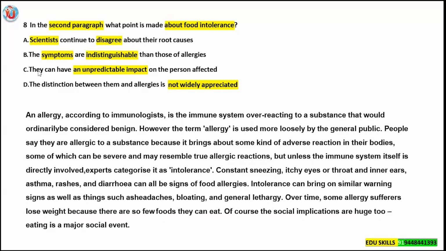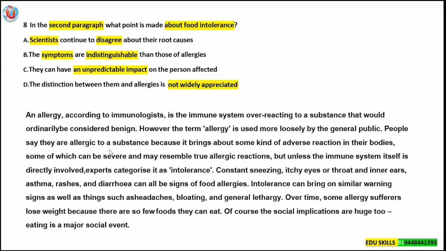Answer option C. They can have an unpredictable impact on the person affected. Keywords are an unpredictable impact. Answer option D. The distinction between them and food and allergies is not widely appreciated. The keywords are distinction and not widely appreciated.